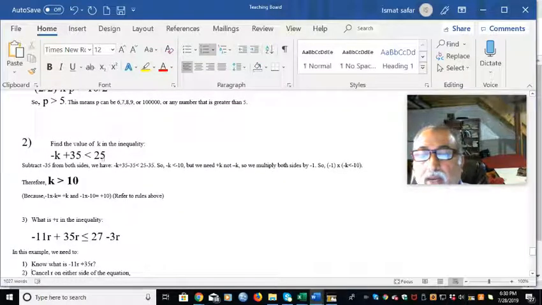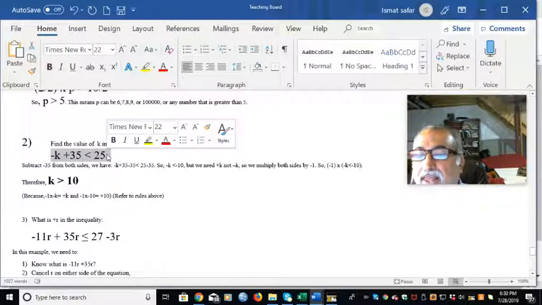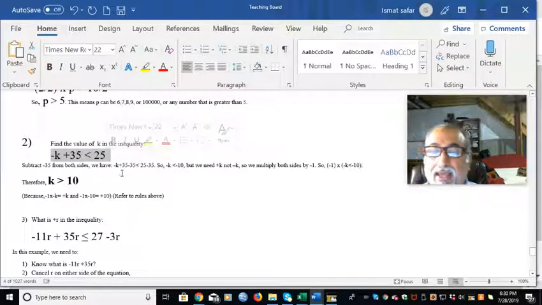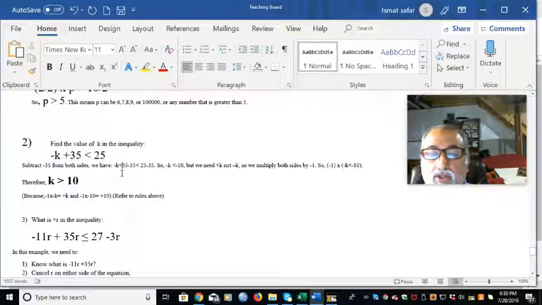Okay, now let's get back to our inequality lessons. Now we want to see what is the value of k. We have negative k plus 35 less than 25. That is the inequality. We need to know how much k is. Well, first step is what? We have plus 35 here, right?